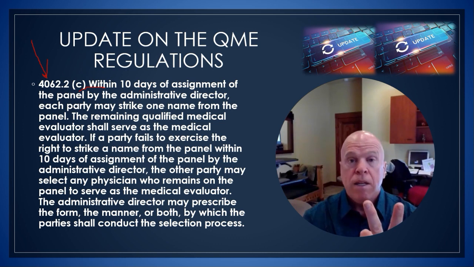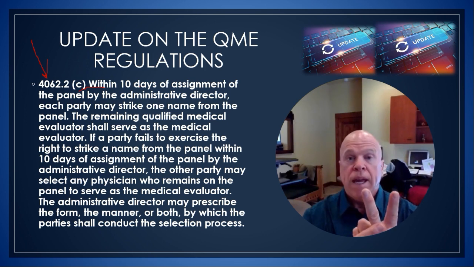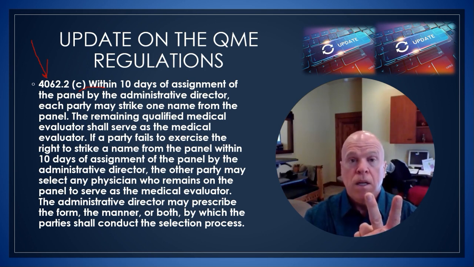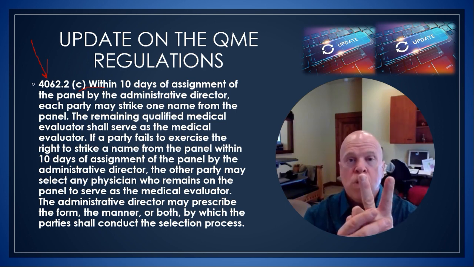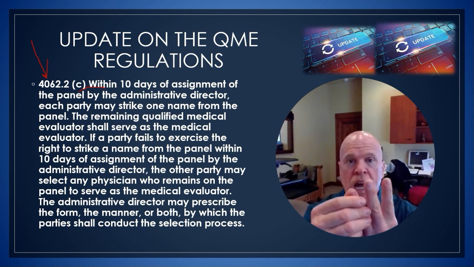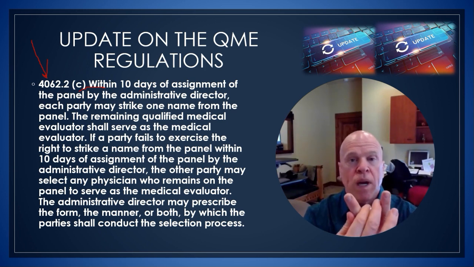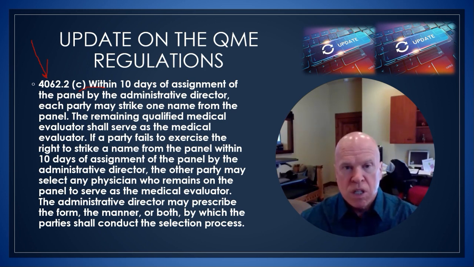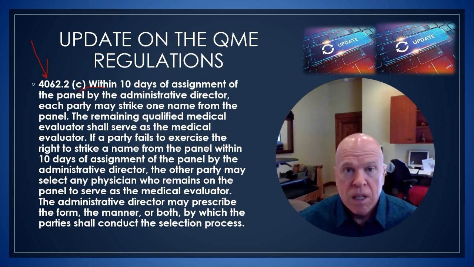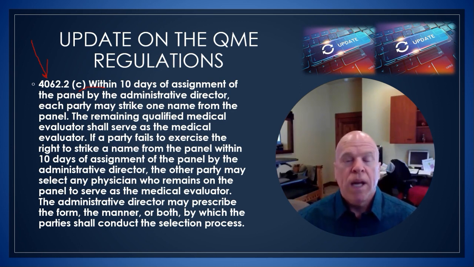On the 11th day, if the other party, say the claims administrator or the defense attorney, has failed to exercise their right to strike, the applicant attorney can choose either of the two doctors who remain on the panel, the doctor that's not been stricken, to do the evaluation. So in this case, it's the applicant attorney that has the authority after 10 days to select the evaluator. Can you see the exercise of control by the applicant attorney if the other party fails to respond within 10 days?